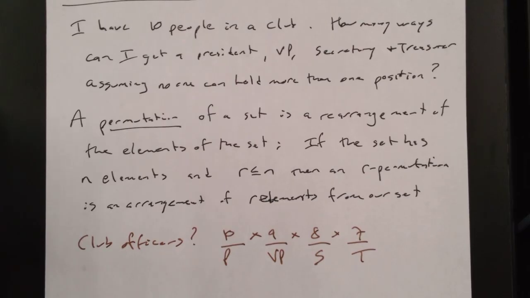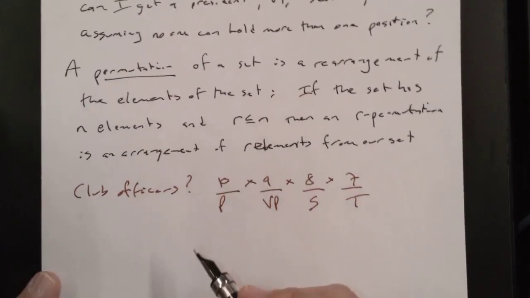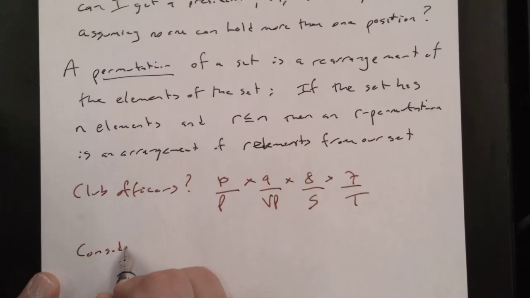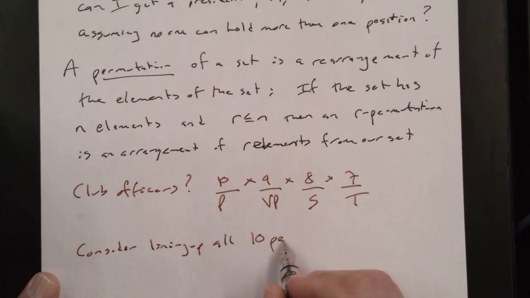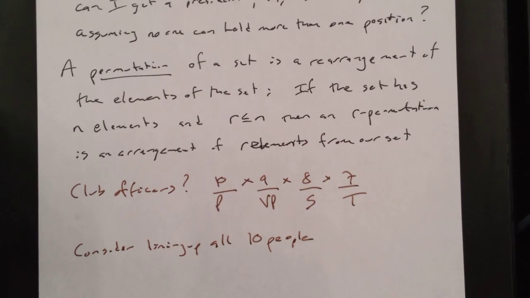But there's another way to think about this. I could think about lining up all 10 people. How many ways can you line up 10 people? Our exclamation point, the factorial.